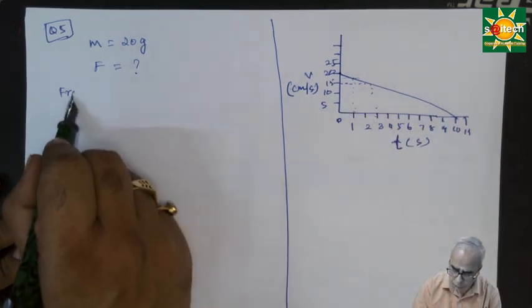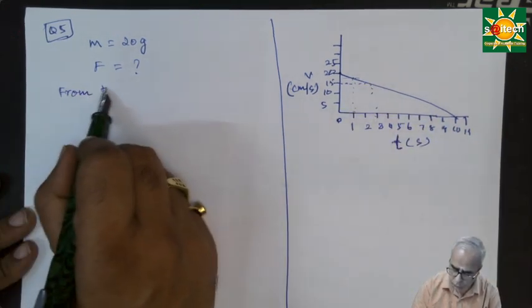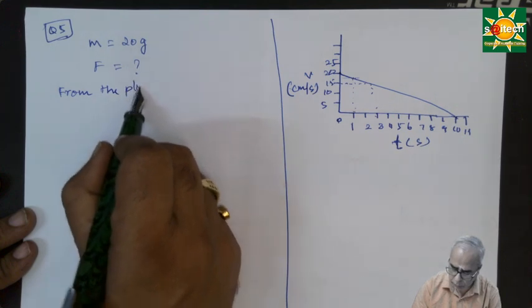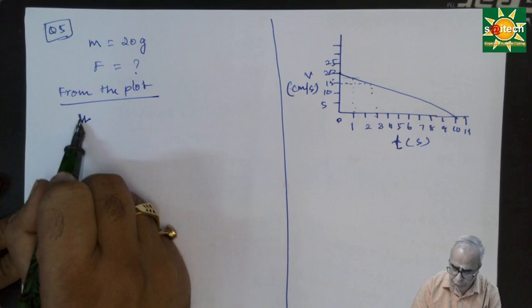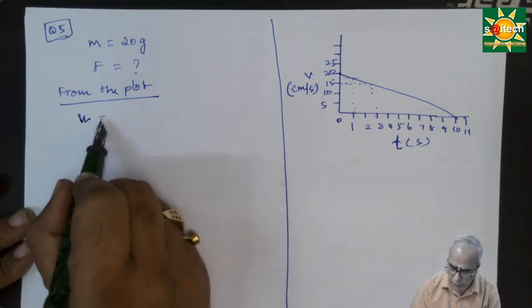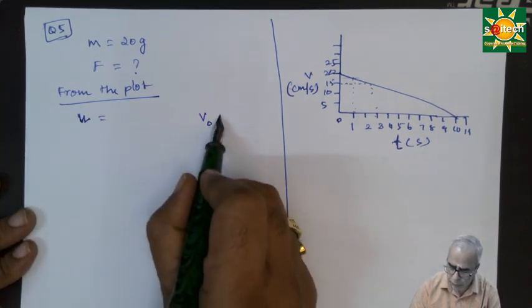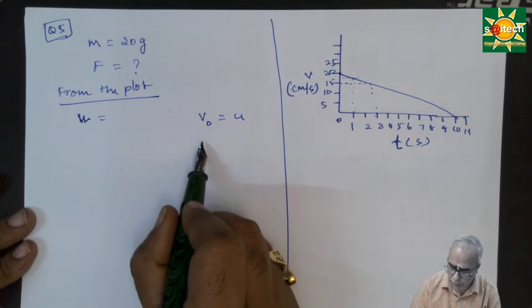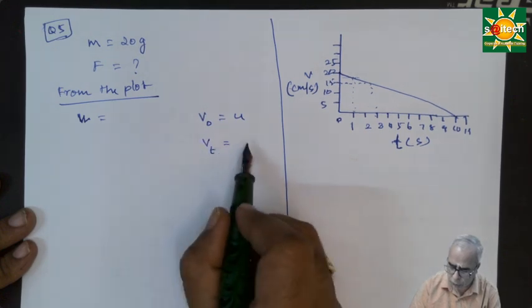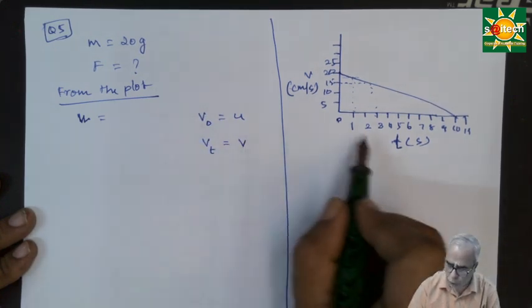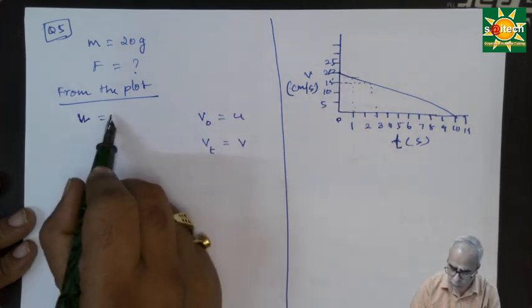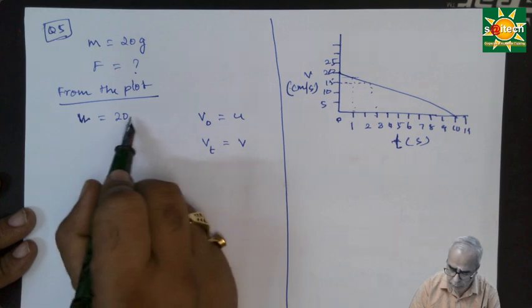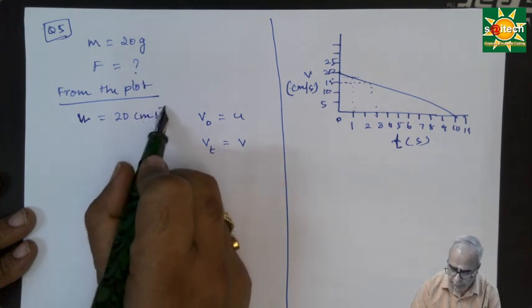From the plot we can arrive at u, the initial velocity, that is v at 0. The v at a certain time is called the final velocity. At 0 second the velocity is 20, so you can mention this as 20 centimeter per second.